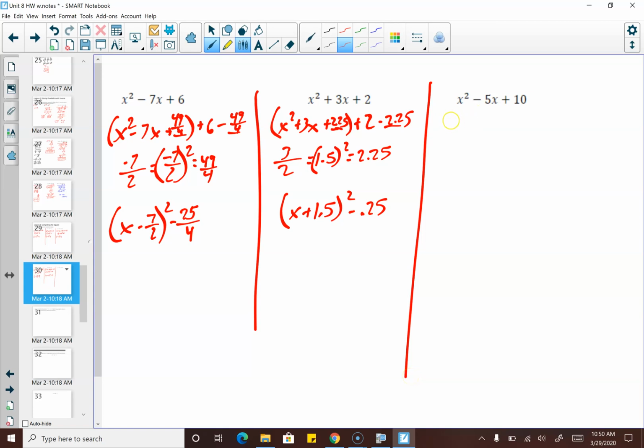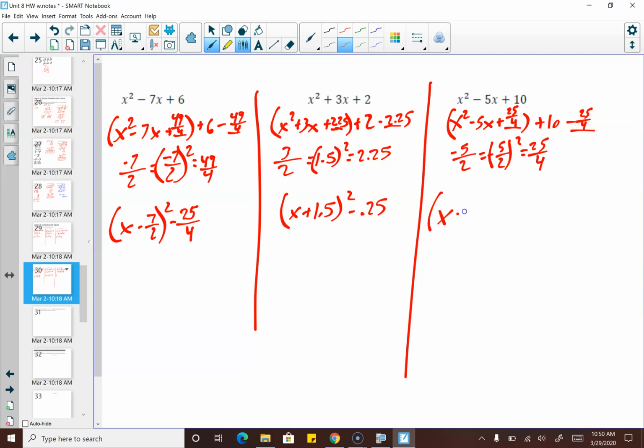And for the last one, so x squared minus 5x plus our line, plus 10 minus our line. So we take our middle number divided by 2. I'm going to leave this as a fraction. Square it, and we get 25 over 4. So 25 over 4, 25 over 4.